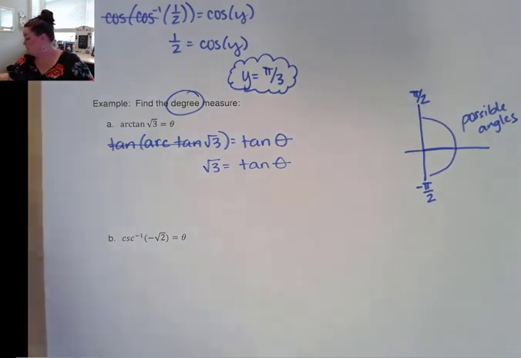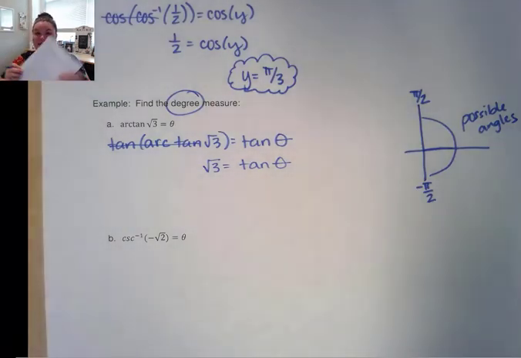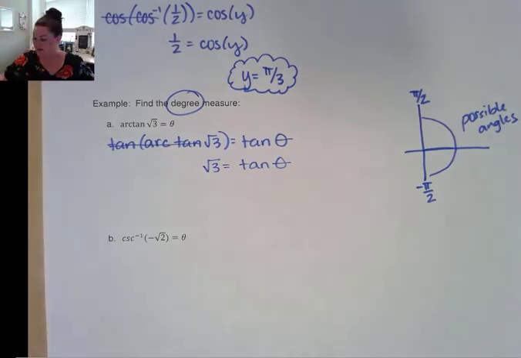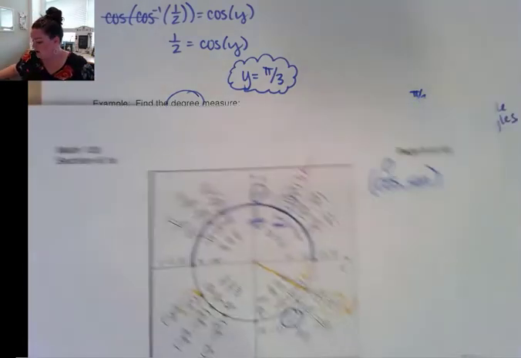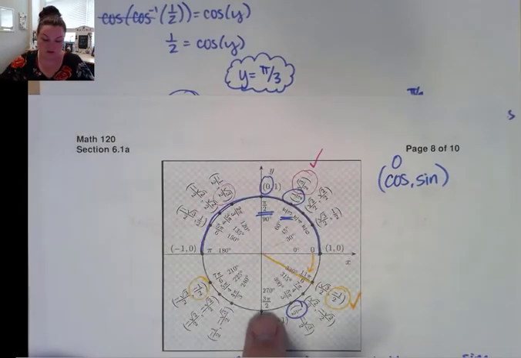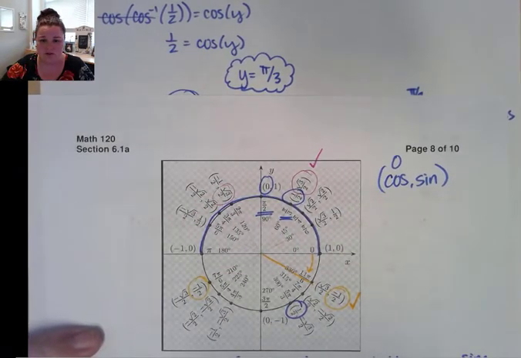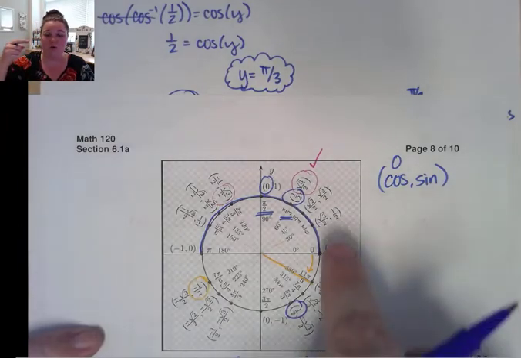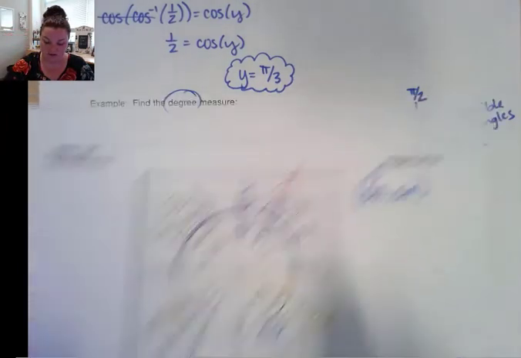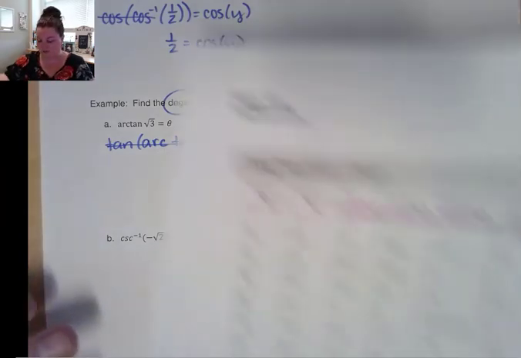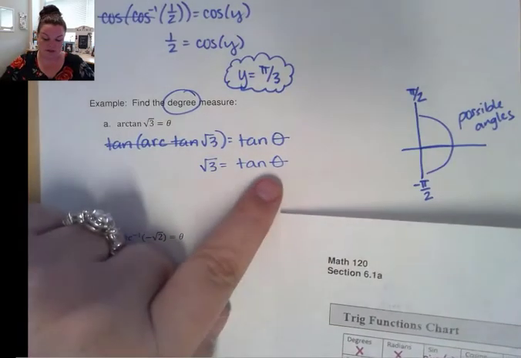Now, tangent and cotangent are the reason that I gave you this graph. If I were to look up tangent values on my little unit circle, I don't have them right on a unit circle. I get tangent by the ratio of sine to cosine, and I don't want to have to calculate that for every single thing to figure out where my tangent is square root of 3. So I'm going to use this chart.